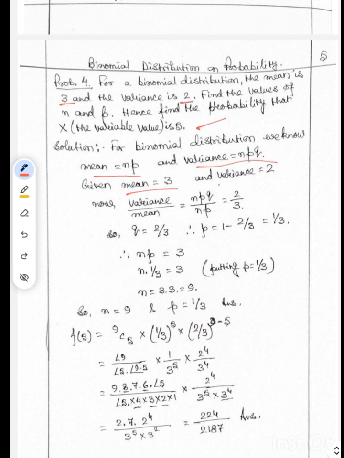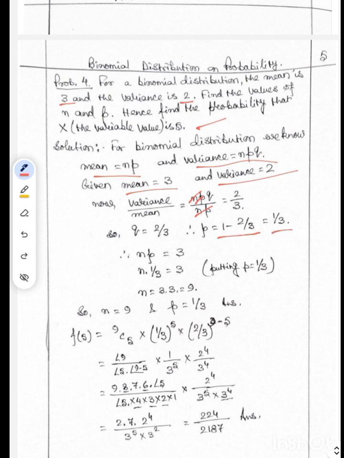Therefore mean equal to 3 and variance equal to 2. Therefore variance by mean equal to 2 by 3, and therefore np and np cancel, and we get q equal to 2 by 3, and therefore p equal to 1 by 3.